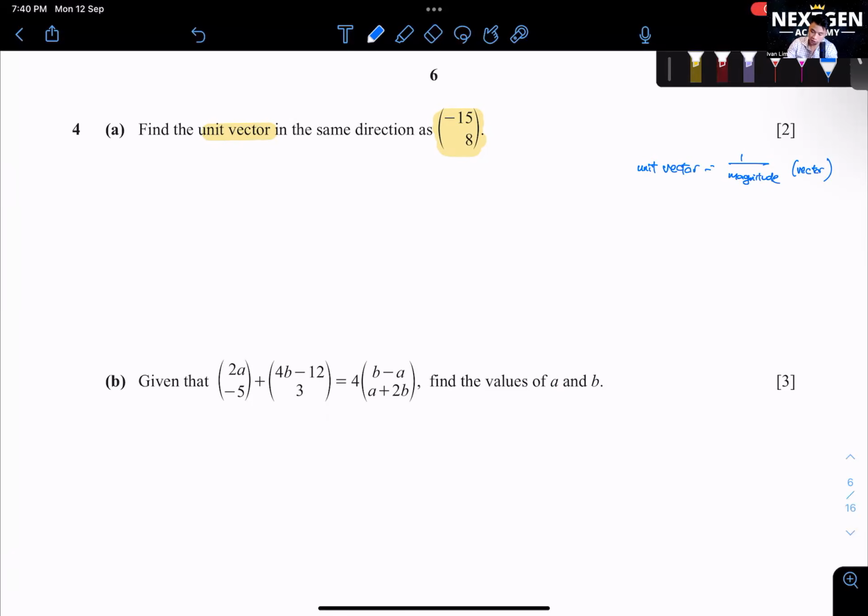All right, so let's find the magnitude first. Formula for magnitude: magnitude equals square root of x squared plus y squared, which is square root of negative 15 squared plus 8 squared. You will get 17.